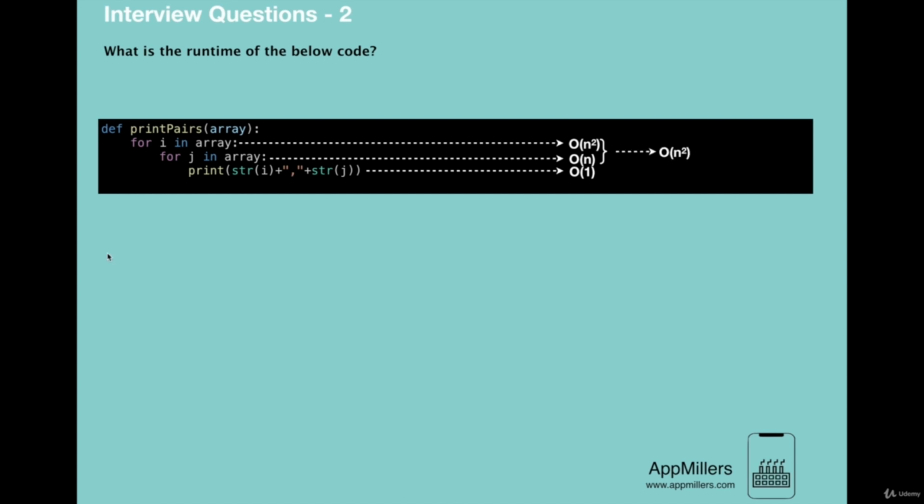In other words, we can see this by inspecting what the meaning of this code is. The meaning of the code is that it is printing all pairs. So we have n elements in the array, and this means that the number of pairs will be n squared. So the time complexity for this function will be O(n squared).